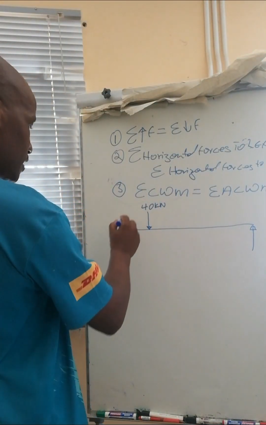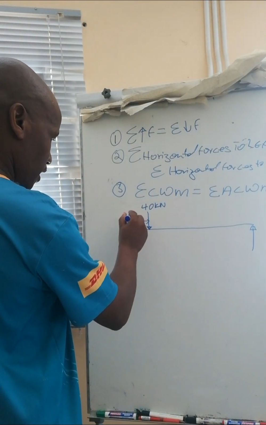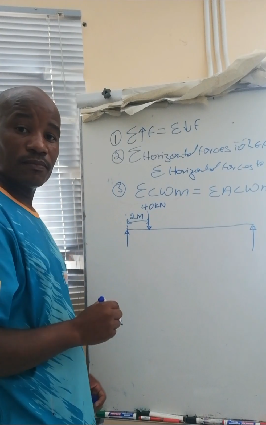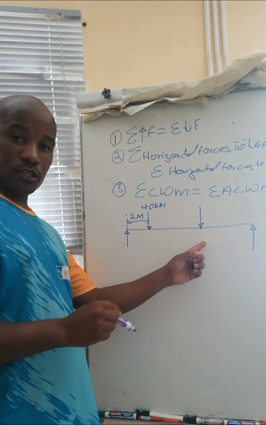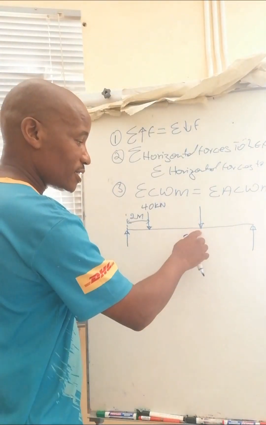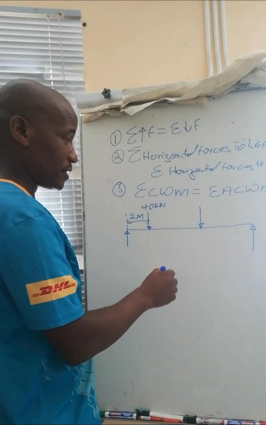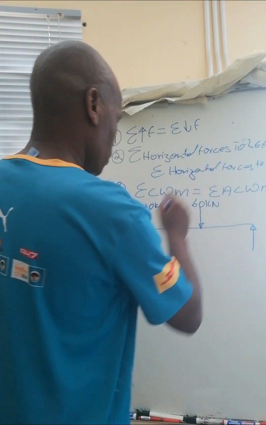Because it's acting downward at this point, we normally call this force a concentrated load or a point load. Let's say the distance from here to there is 2 meters. And then let's say we have another point load here. It's a point load because it is applied at one point, and let's say it is 60 kilonewton.